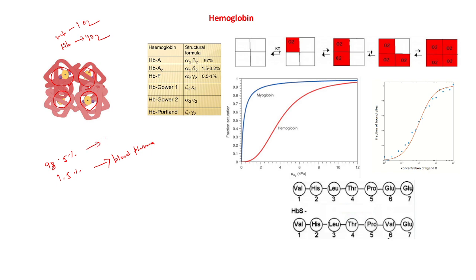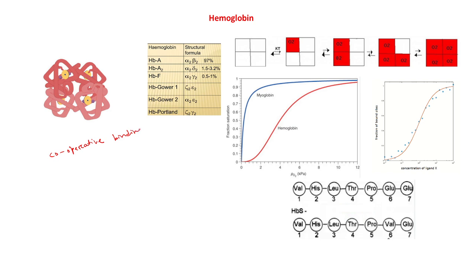The 98.5% bound to hemoglobin is found in the RBC. Now look at the structure, how oxygen binds to the hemoglobin. The binding of oxygen to hemoglobin is called cooperative binding.